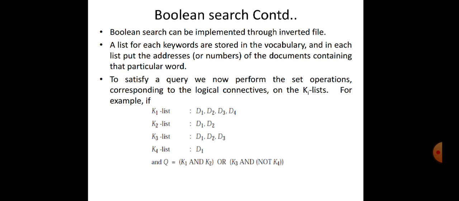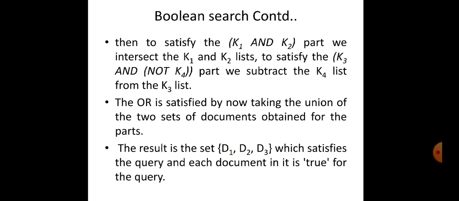Then K3 and not K4: what may be the answer? D1, D2, D3 minus D1, that means D2, D3. So as a result we get D1, D2 or D2, D3. Ultimately, the result is D1, D2, D3. So this search query will retrieve D1, D2, D3. Hope it is clear. This is the way in which Boolean search works.